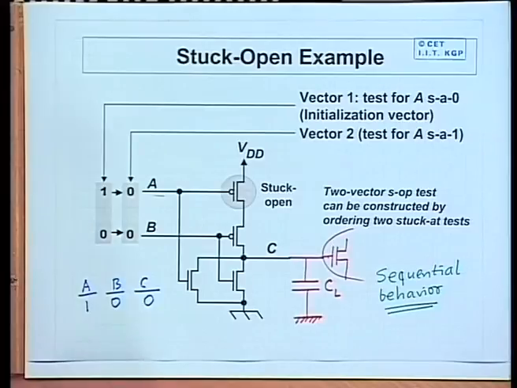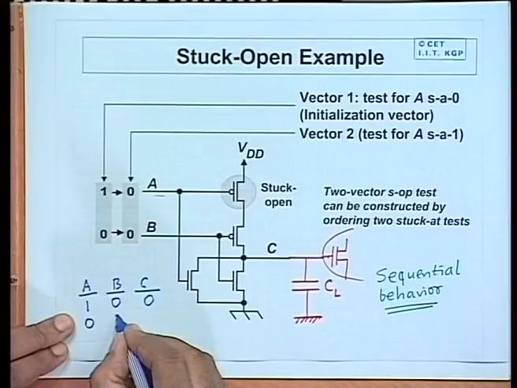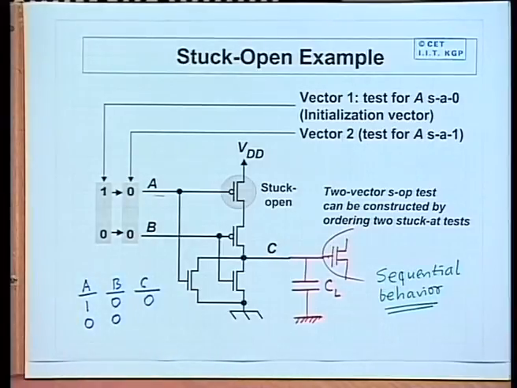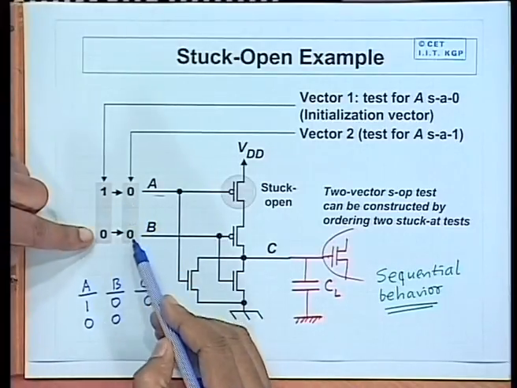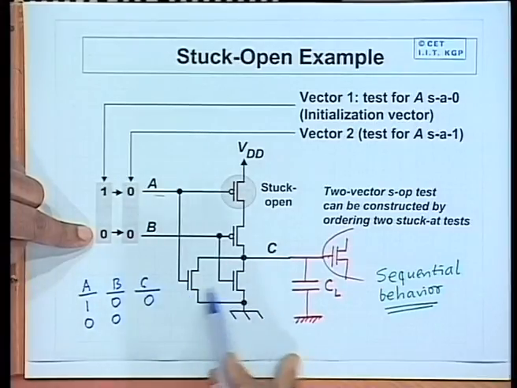Now, suppose I apply an input 0 0, then what will happen? 0 0 means both the pull down transistors will be off, none of them are conducting.